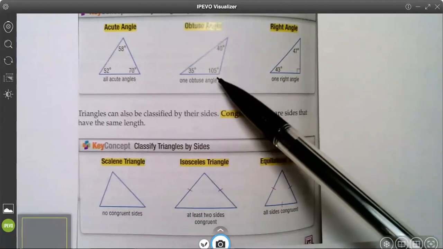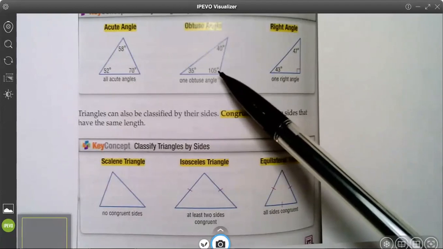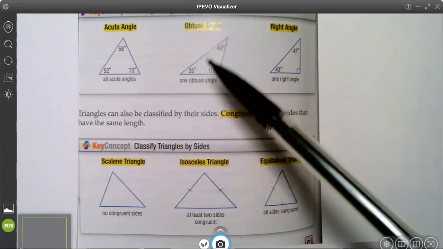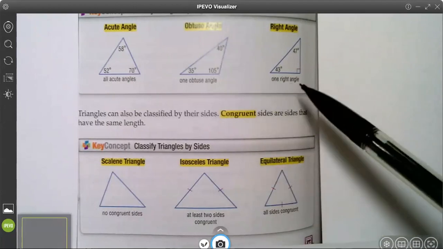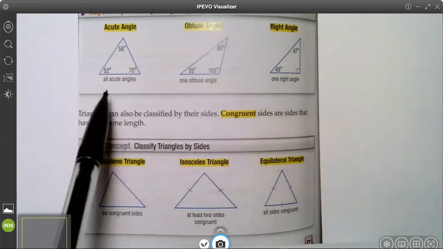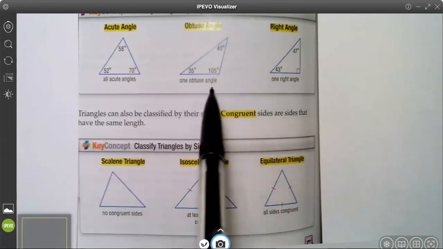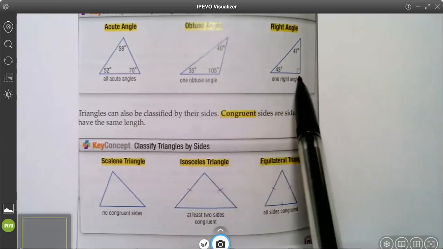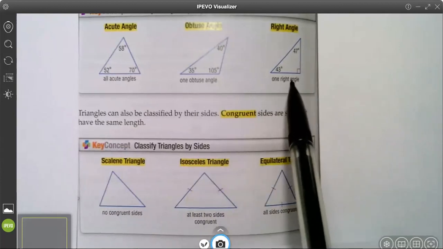If you have just one angle which is greater than 90 degrees, making it an obtuse angle, then that makes the triangle an obtuse triangle. And if you have one right angle, that makes it a right triangle. So all acute angles, acute triangle; one obtuse angle, obtuse triangle; one right angle, 90 degrees, right triangle.